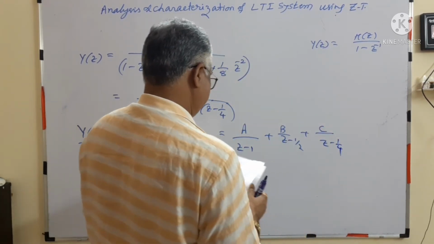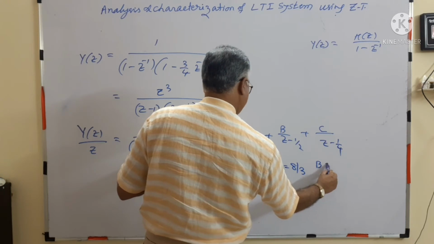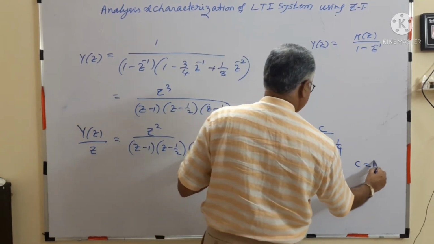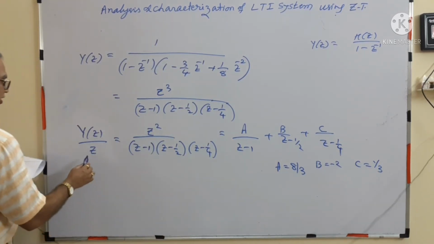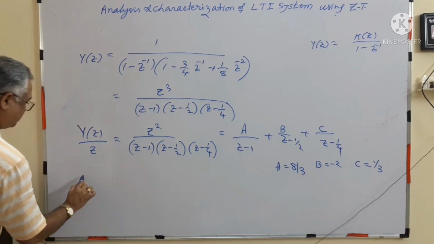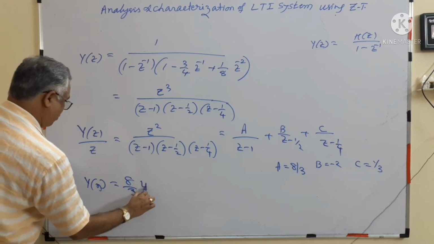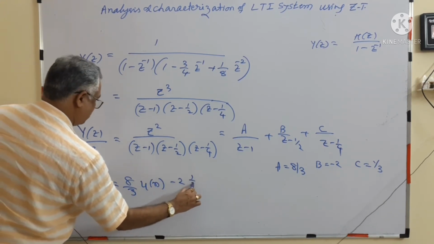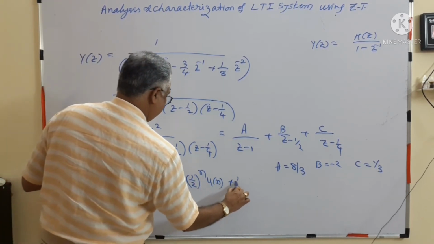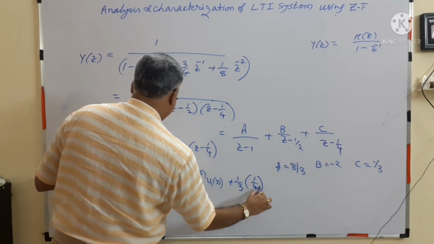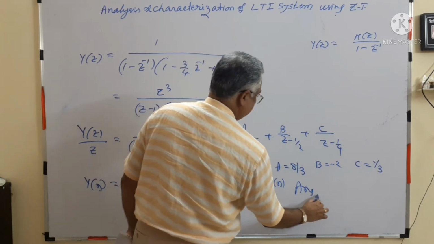So you know how to find A, B, C. So A answer is 8 by 3, B is minus 2, C is 1 by 3. Just for time saving, I am giving ready-made answers. So finally you send z that side, you know how to do it. So y of n answer I will give: 8 by 3 u of n minus 2 (1 by 2) to the power of n u of n plus 1 by 3 (1 by 4) to the power of n u of n. So it's straightforward. This is the answer.